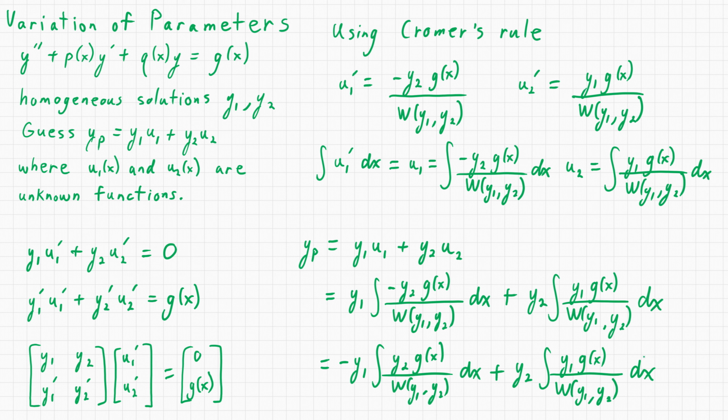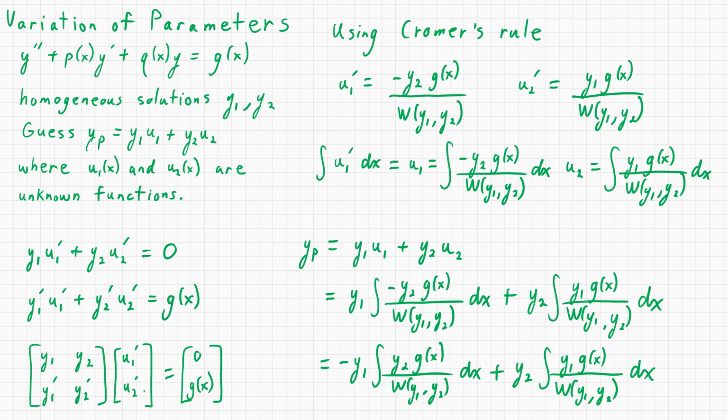And that's the end of the derivation. So it's a little dissatisfying because it's based on these two assumptions, this y particular equals y1 times unknown function u1 plus y2 times unknown function u2, and then a second assumption, y1 u1 prime plus y2 u2 prime equals 0, which leads to another equation when we plug everything in to the original ODE, this y1 prime u1 prime plus y2 prime u2 prime equals g of x.